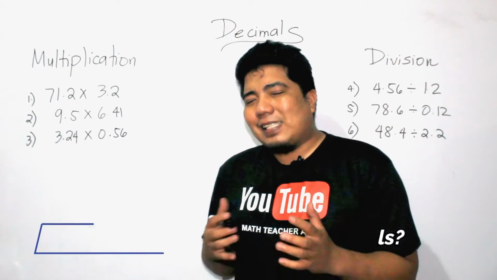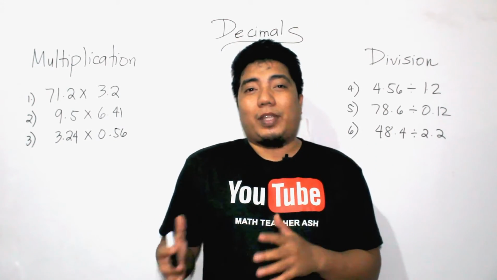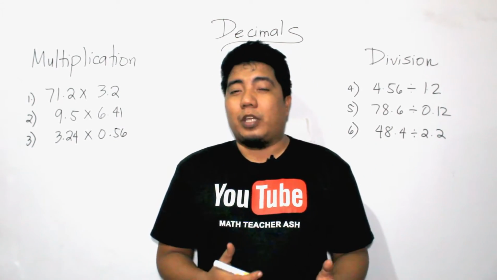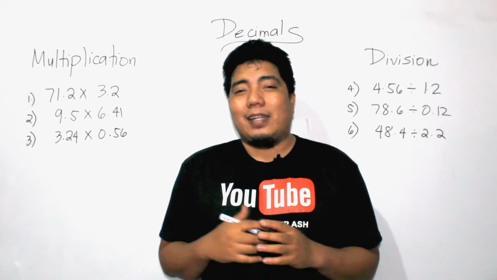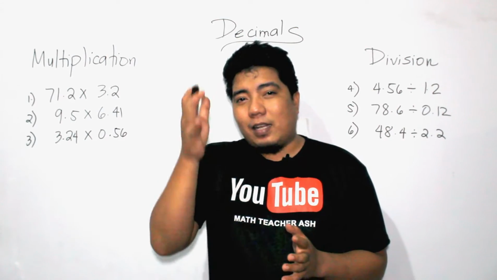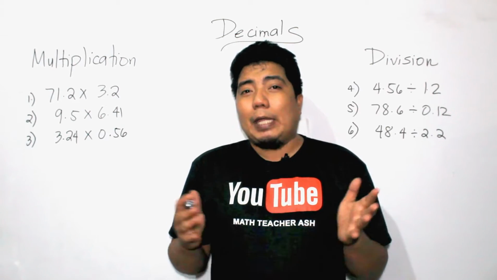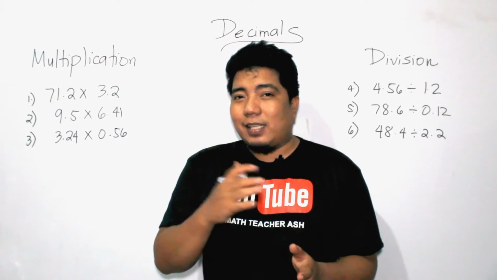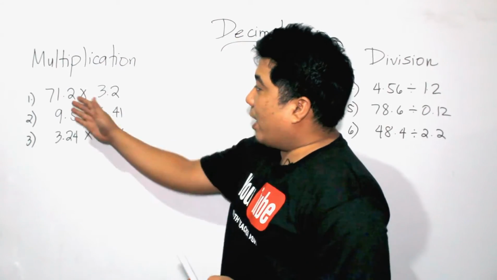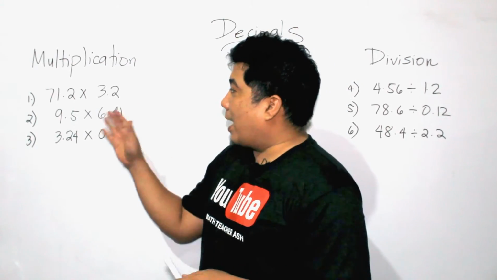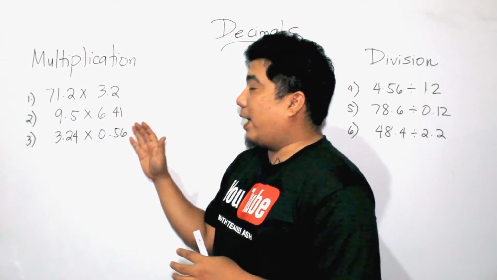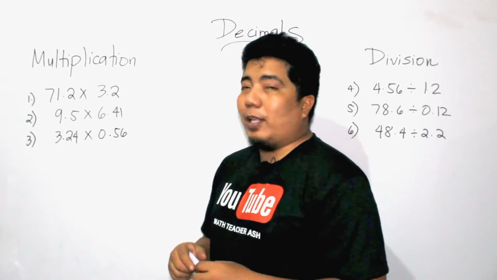Now, this is not the same as what we did in addition and subtraction, in which we align the decimal places and the decimal point follows where it is located. In multiplying decimals, this is how you do it. We have 71.2 times 3.2, or 71 and 2/10 times 3 and 2/10.